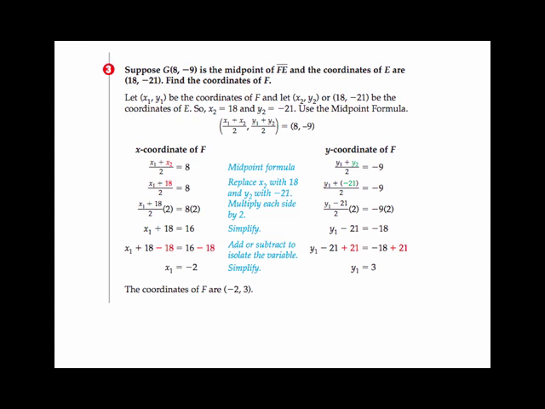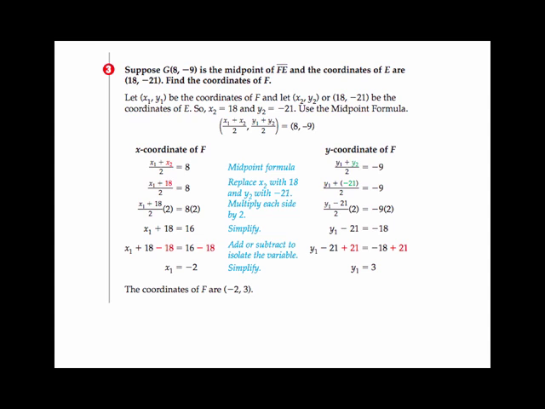Now I'm going to solve for x1. In order to do that, I'm going to multiply both sides of my equation by the value of 2. This cancels the 2 in the left-hand side of my equation and leaves me with x1 plus 18. When I multiply the right-hand side of my equation by 2, I get a value of 16.